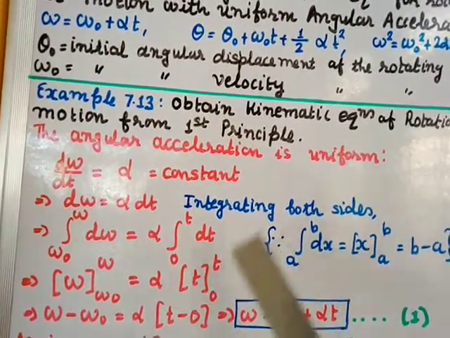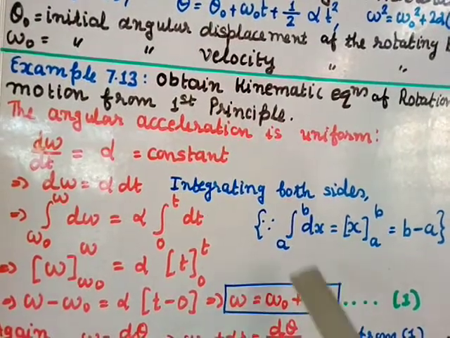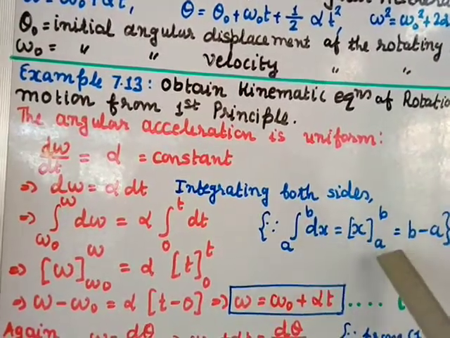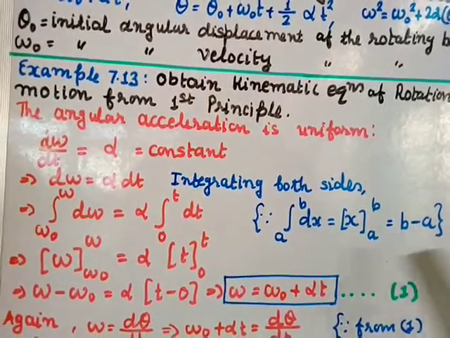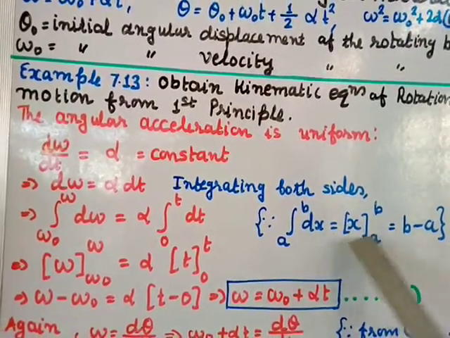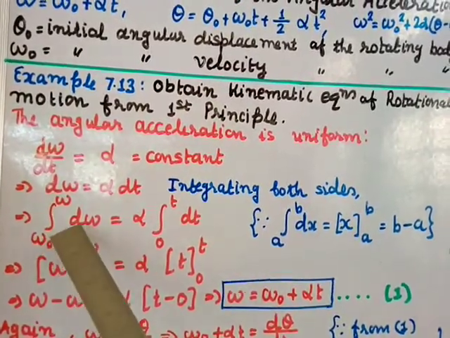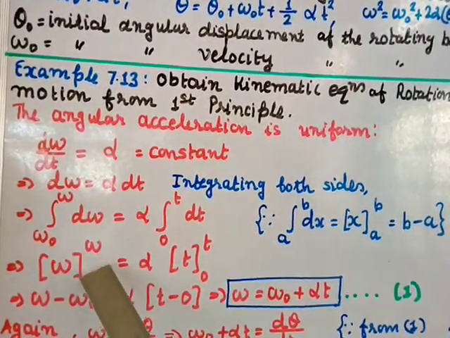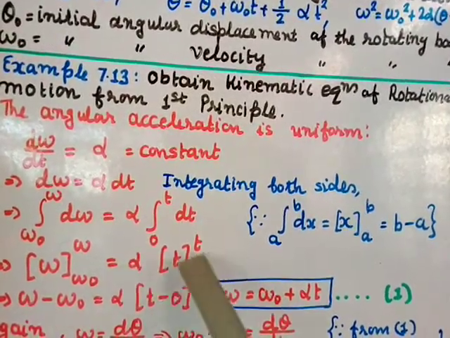Now we use the formula: integral from a to b of dx equals x from a to b. Here nothing is written with dx, which means 1, and the integral of 1 with respect to x is x. Apply the upper limit minus the lower limit, so it comes b minus a. For this one, it is with respect to omega, so the answer is omega from omega naught to omega, equal to alpha times t from 0 to t.